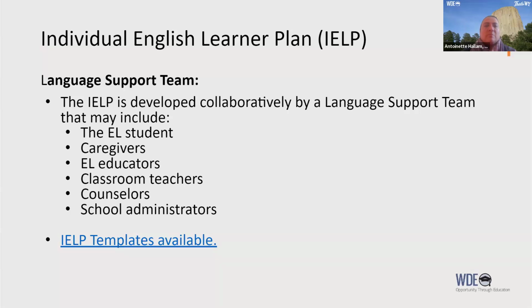The language support team plays a crucial role in developing and implementing an individual English Learner Plan, or IELP, for each EL student. This collaborative team, consisting of various stakeholders, could include the EL student, different caregivers, EL educators, classroom teachers, counselors, and school administrators, people that work together to assess the unique academic and language needs of each student.